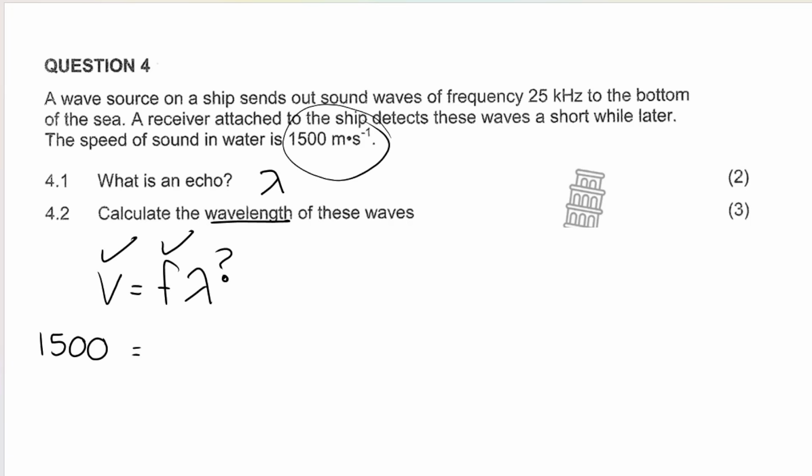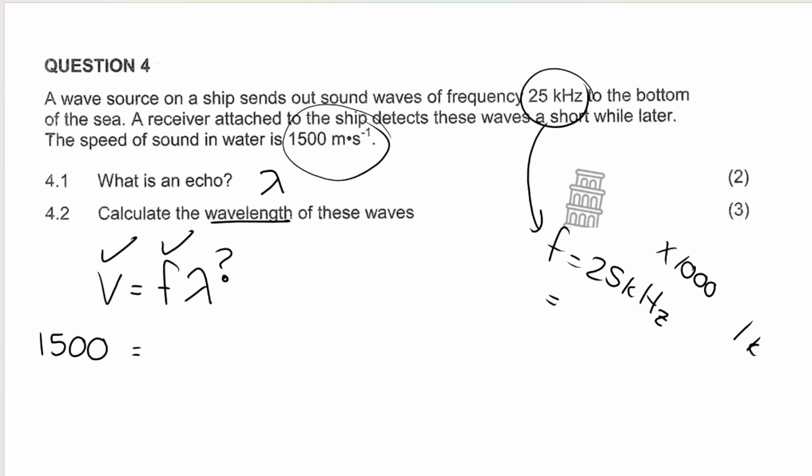Frequency, we have to convert to hertz. So the frequency is 25 kilohertz. If we convert that to hertz, remember, we must times by 1,000, because 1 kilohertz is 1,000 hertz. So our frequency is 25,000 hertz.